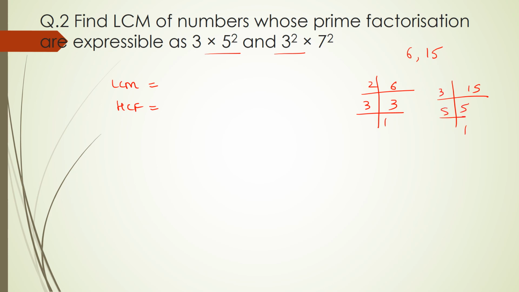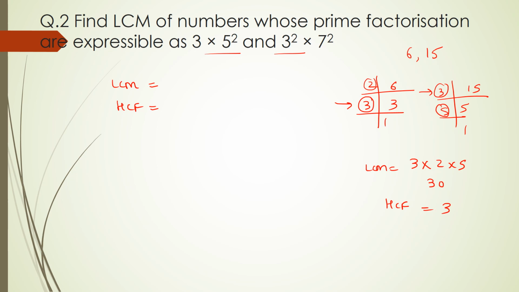So we say that whichever is the common thing, we count that one time and the rest of the elements have to be taken. So this is the LCM, correct? That is 30. 3 2s are 6, 5 6s are 30. Whereas HCF is whichever number is common, that is 3 here.